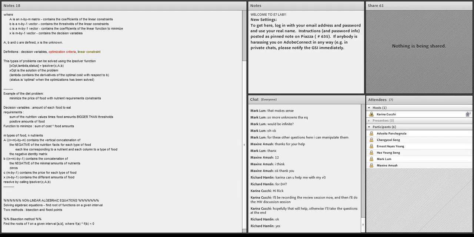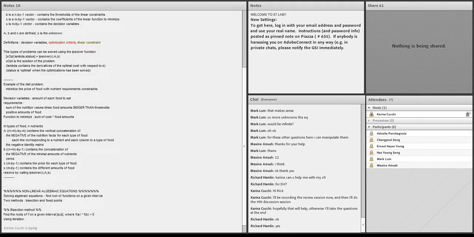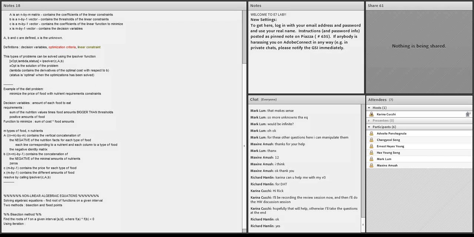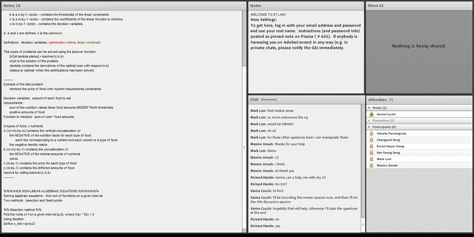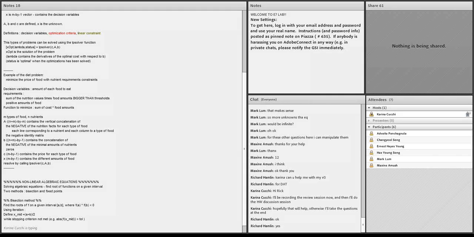So using iteration, the way that you implement the bisection method is that you define the midpoint being equal to the average of a and b, and then you stop the algorithm when a stopping criterion is met.